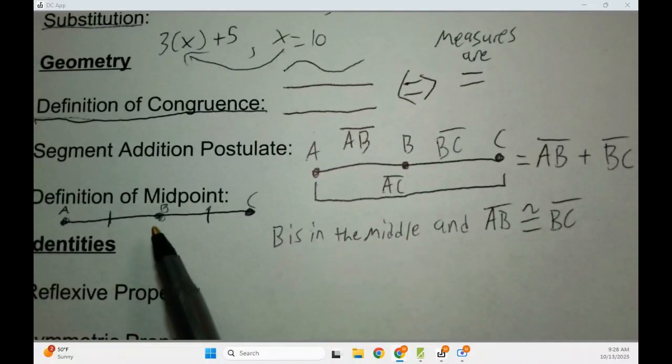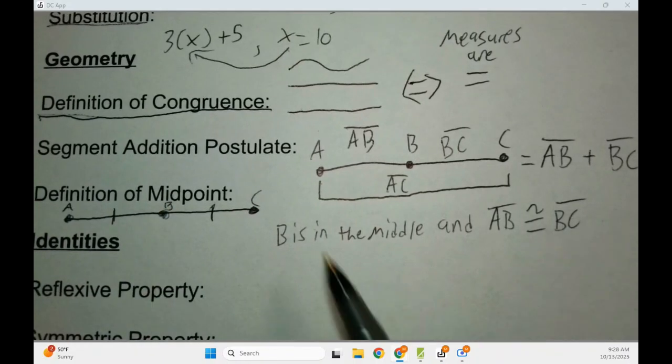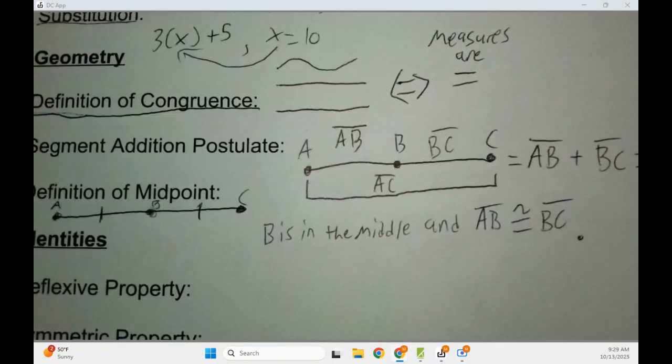B is somewhere in the middle, and I know for a fact A to B is congruent with B to C. That tells me that it's a midpoint. It has to be a midpoint if it cuts it exactly in half. That's the definition of a midpoint. B is in the middle, and AB is congruent with BC.